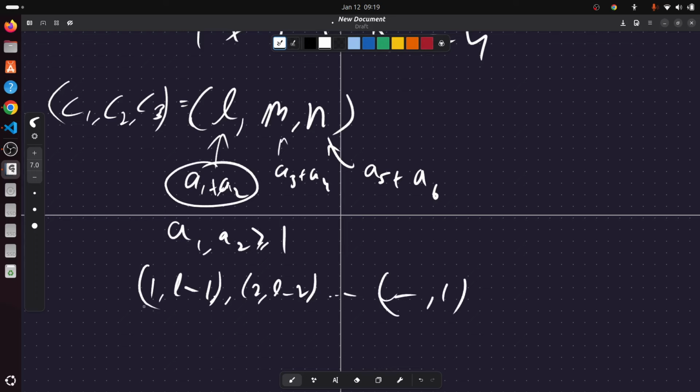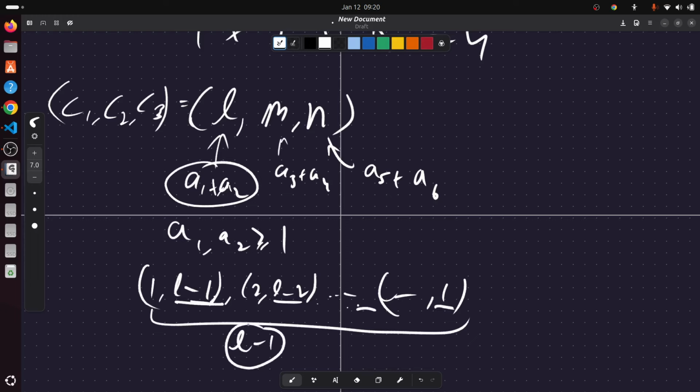You can just count this: 1, 2, 3 up to L minus 1. This is 1, here it is 2, then L minus 2, L minus 1. So we have L minus 1 pairs such that A1 plus A2 is equal to L. Similarly, for A3 plus A4 I will have M minus 1, and for this I will have N minus 1.